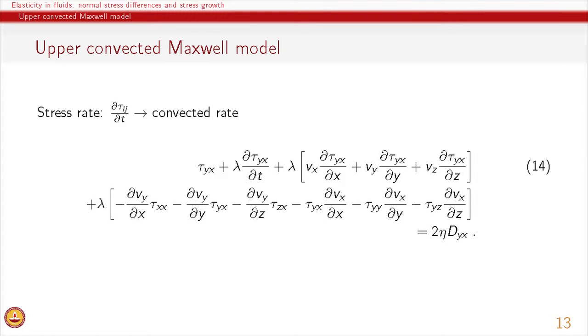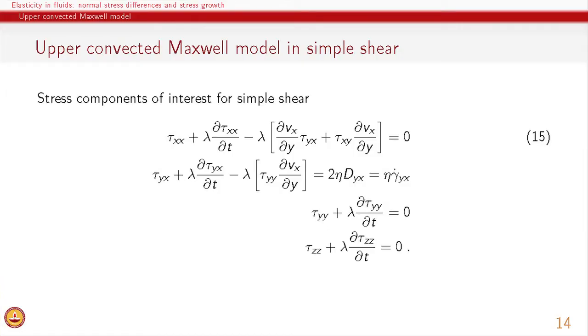Again, for this segment of the lecture, we are not deriving the equations or starting from the initial equations, but giving the final governing equations for simple shear of the upper convected Maxwell model. Again there will be 4 components, because we have tau xx, tau yy, tau zz as the 3 normal stresses, and then of course the shear stresses.